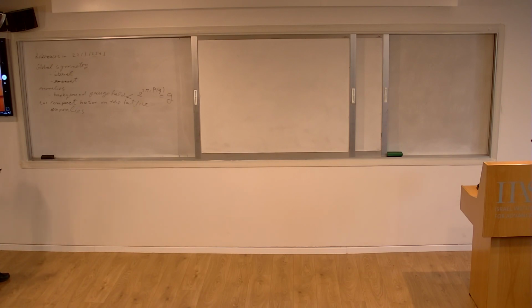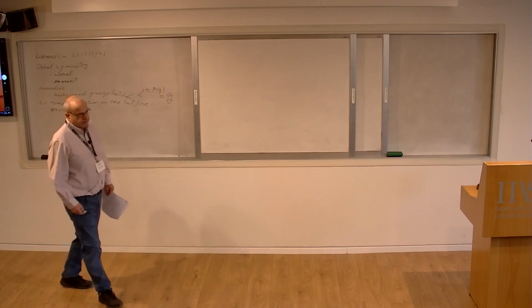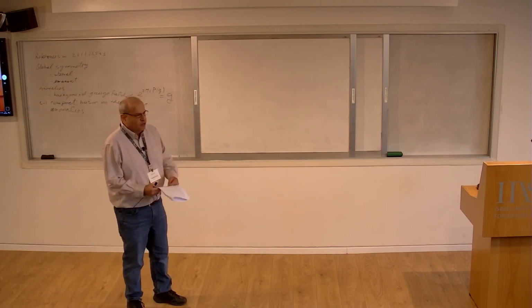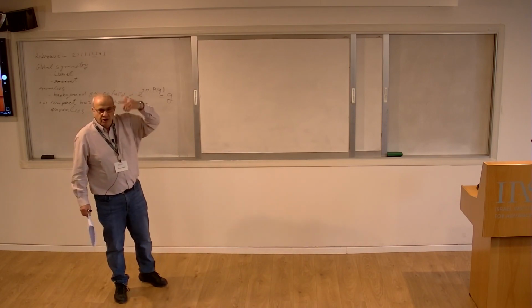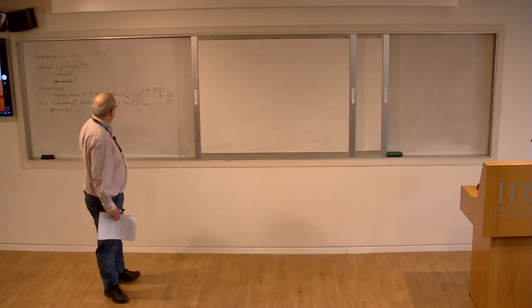Then we discussed anomalies, and the modern view of anomalies, that we couple the system to a background gauge field, and the partition function is not gauge invariant. There are various ways of characterizing it. We limited ourselves to flat gauge fields. Space was a circle, Euclidean time was a circle, and that's all we did.